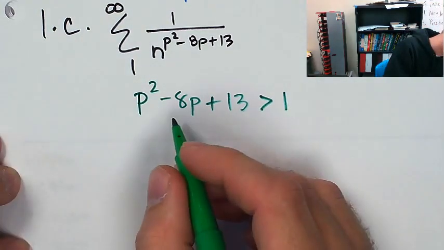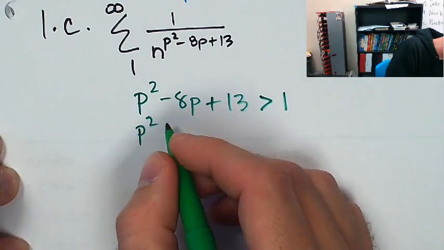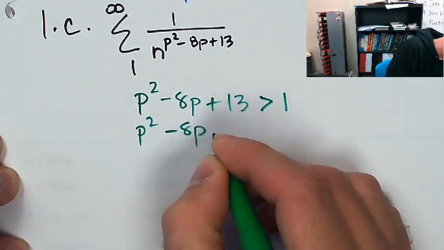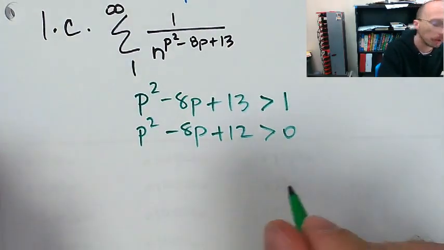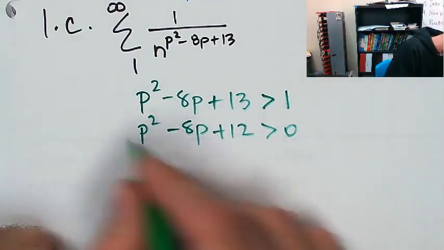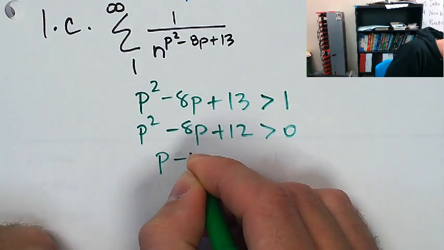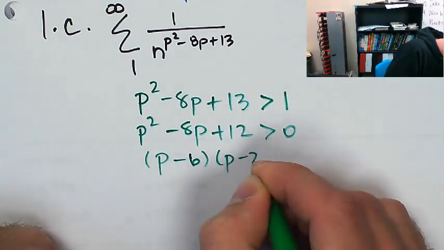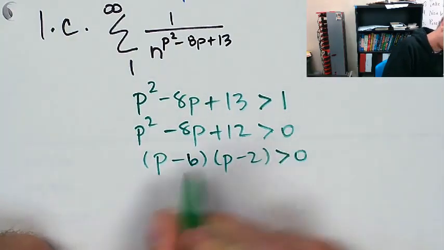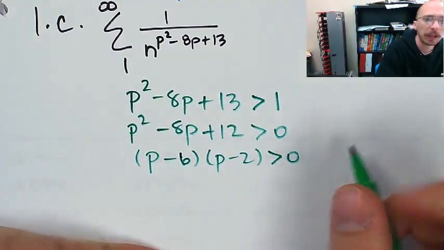Looks like this pen's running out. I'm going to subtract 1 from both sides. P squared minus 8p plus 12 is positive. That's the type of inequality we can solve in this class. This is factorable. So this is p minus 6 and p minus 2 is positive, and we can't really do anything algebraically here, but we could make a sign chart, or we could make a sketch.